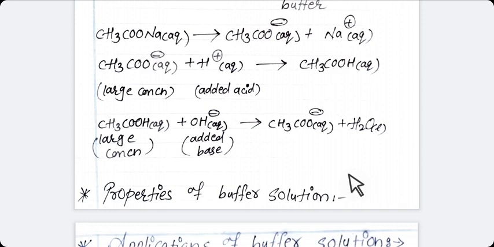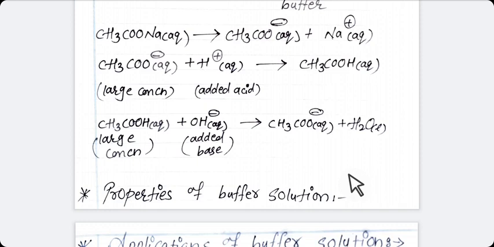As you have seen already in the reaction, H plus ion reacts with acetate ion and produces acetic acid. OH minus ion reacts with acetic acid and produces acetate ion and water. So there is no change and the pH of the buffer remains unchanged.